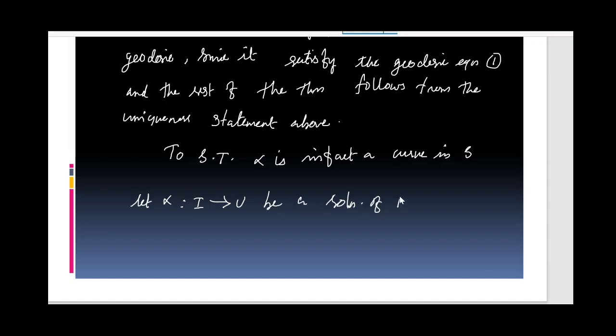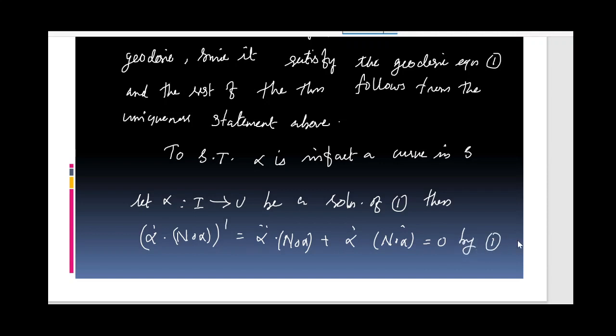Then (alpha dot dot n composition alpha)' is equal to alpha double dot n composition alpha plus alpha dot n composition alpha dot, which is equal to 0 by equation 1.